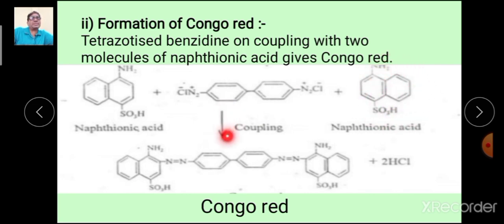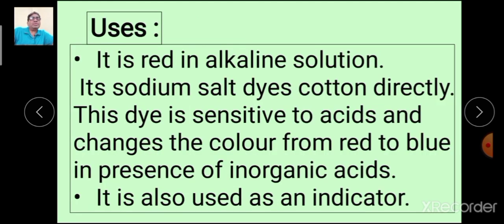Coupling takes place and Congo red dye is formed. Okay, this is the Congo red. Therefore, we have seen two syntheses: the first was synthesis of methyl orange, and the second was synthesis of Congo red.